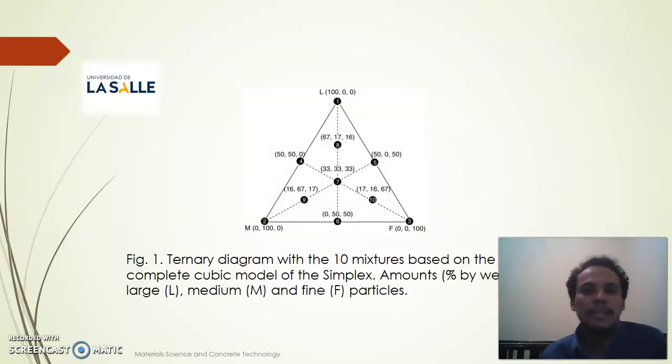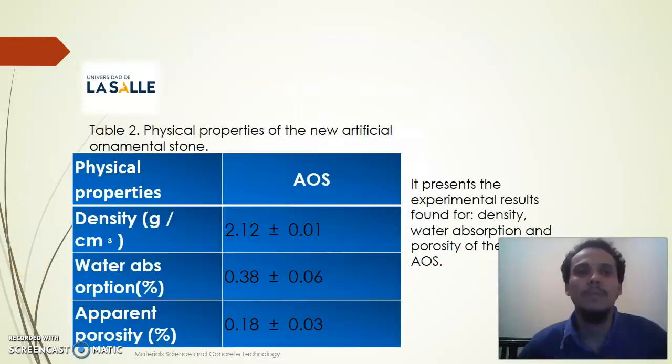Figure 1. Ternary diagram with the 10 mixtures based on the complete cubic model of the simplex. The determination of the best baked composition for the CMOT was associated with the highest dry apparent density.